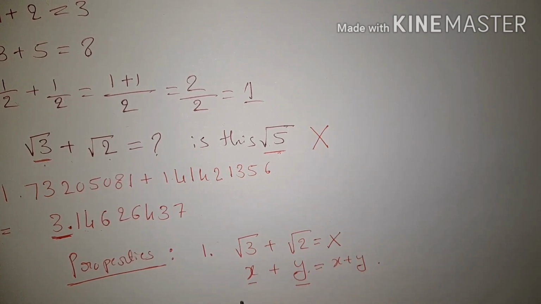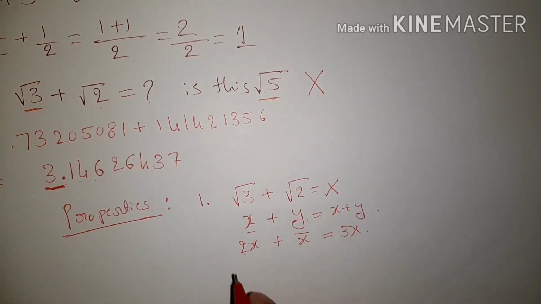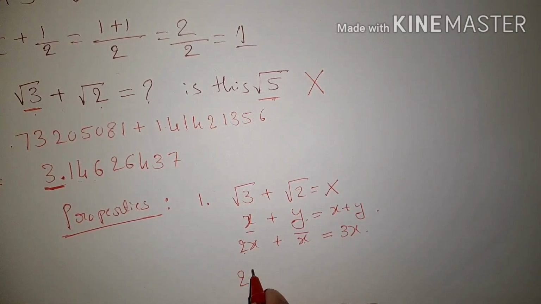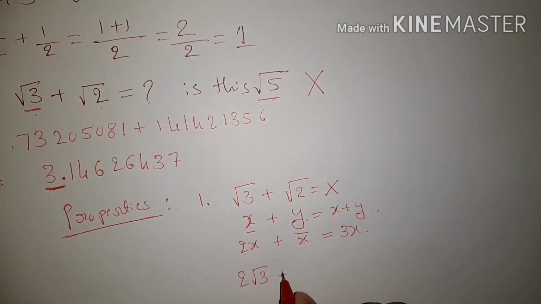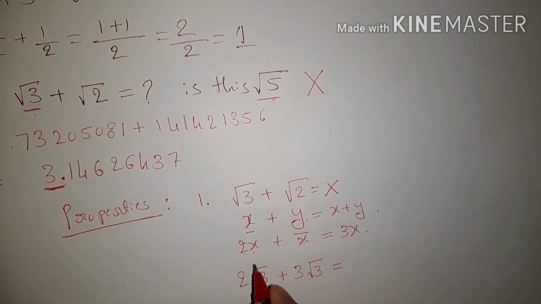But for example, if it is 2x plus x, what will you do? You'll add it as 3x, is it not? Like that, if we have 2 square root of 3 plus 3 square root of 3, this is a kind of x, and this is also a kind of x.